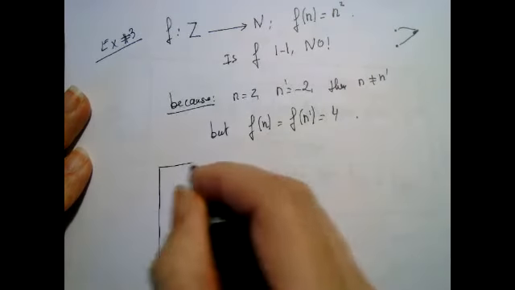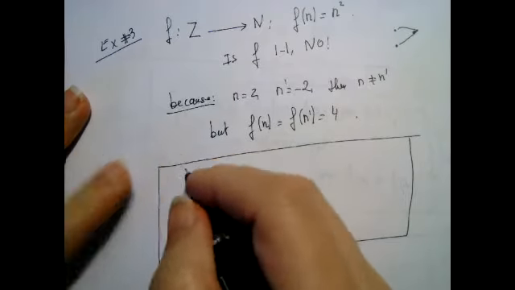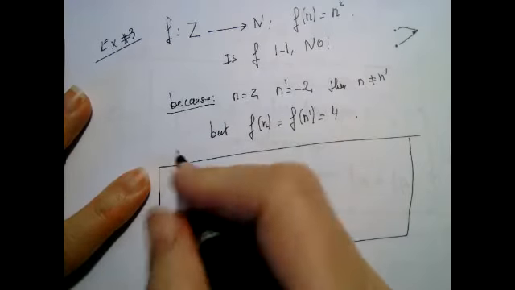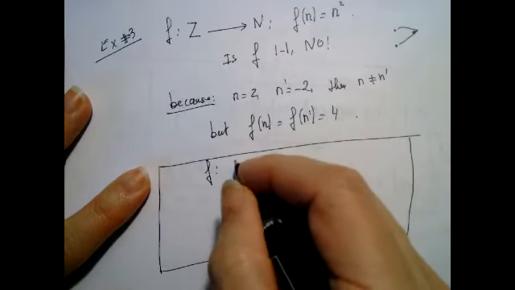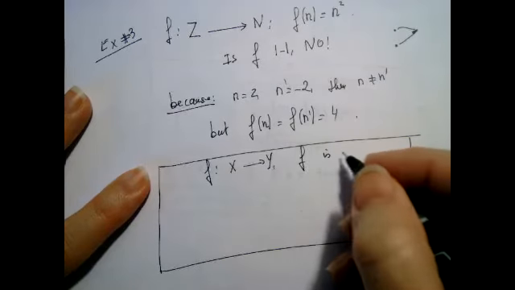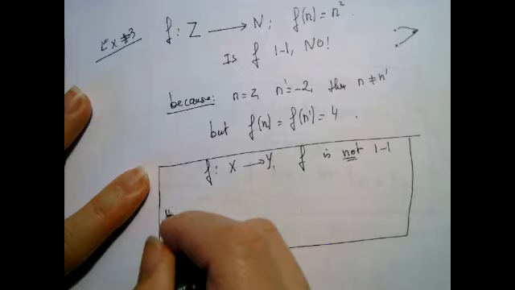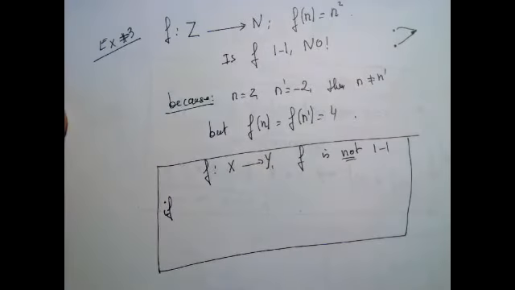So let us now write down what it means for f to be not one-to-one. We defined f one-to-one. Suppose f is from x to y. f is not one-to-one if... who would like to write the definition for me?